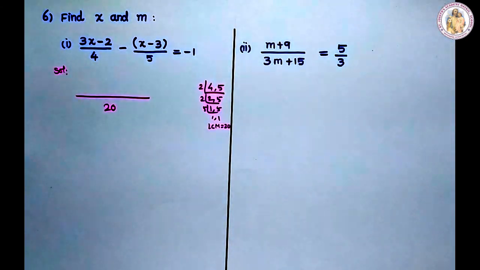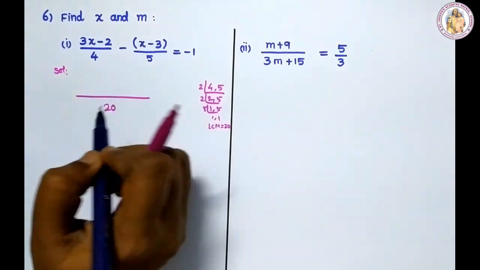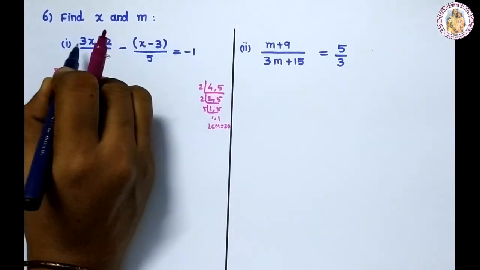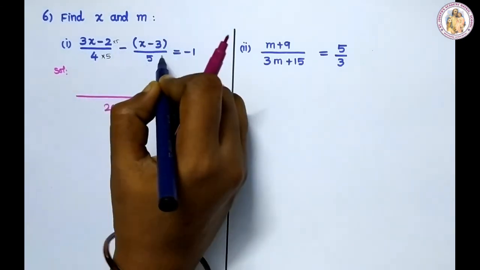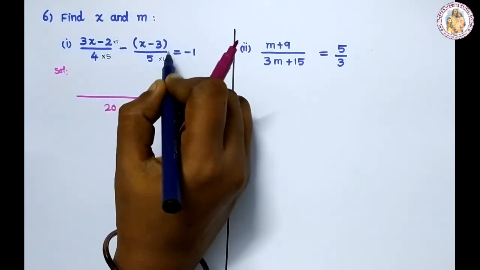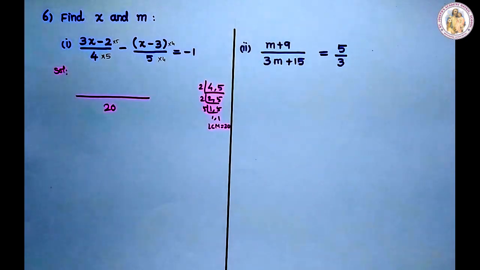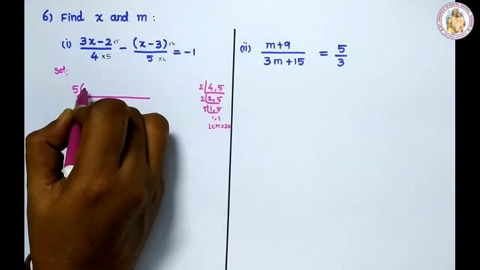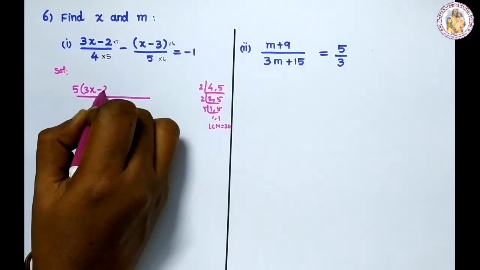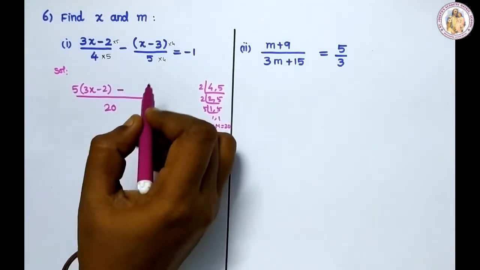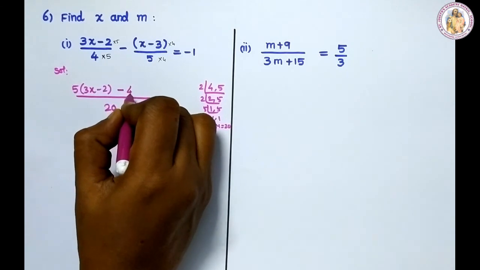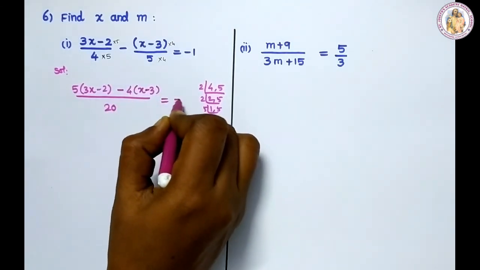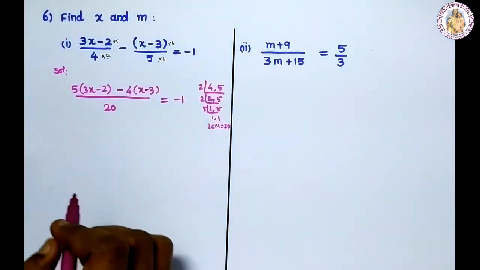Now multiply the numbers. 5, so here also multiply with 5. 4 means here also multiply with 4. So 5 into 3x minus 2 minus 4 into x minus 3 equal to minus 1.